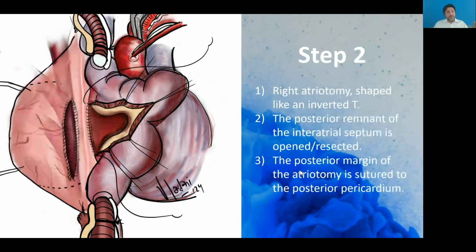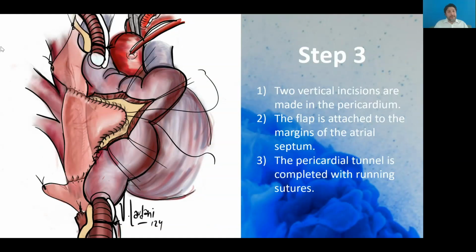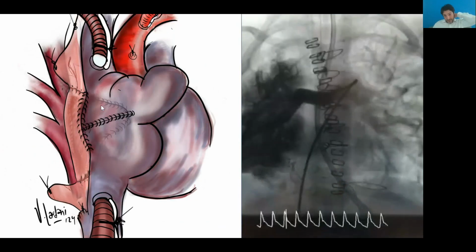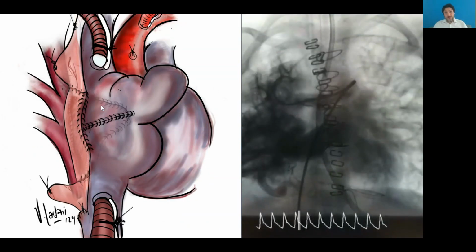Then two incisions, as you can see here with the dotted lines, are made in the pericardium. These two incisions create a flap of pericardium that contains the vein that has already been sutured to the pericardium, and the flap is attached to the margins of the atrial septum.